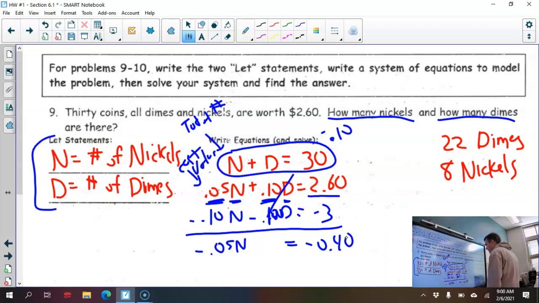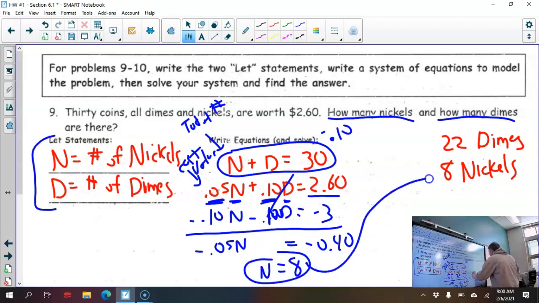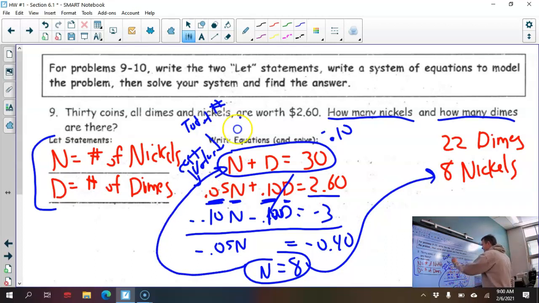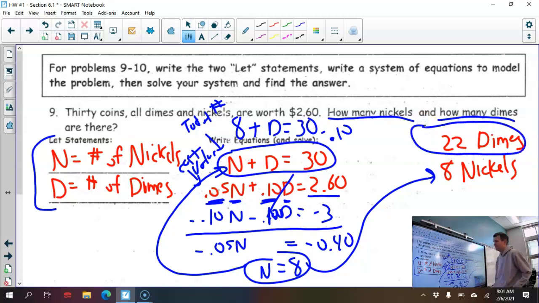And if I divide both sides by negative 0.05, I get n equals 8. And so I get 8 nickels, and I would take that and plug it back into this equation that says 8 plus d equals 30. And subtracting 8, of course, I get 22 dimes then, right?